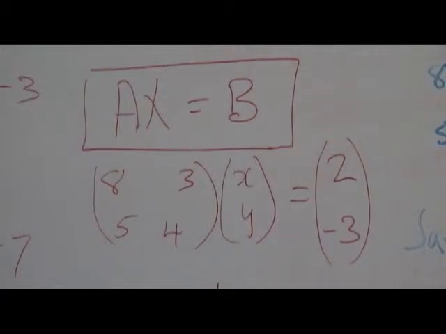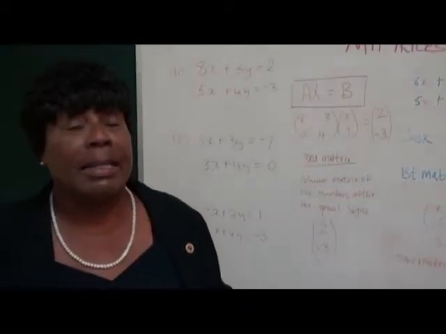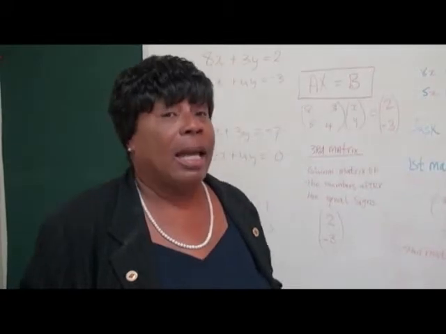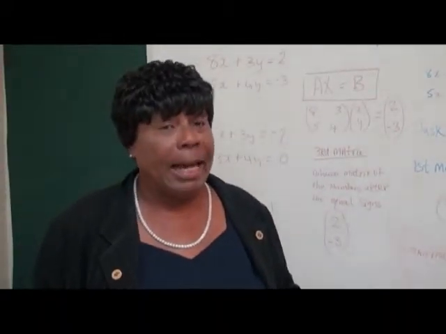And do you know that that is the first question you can be asked and the only part of a question in the matrix section? Last year, June, they had it.